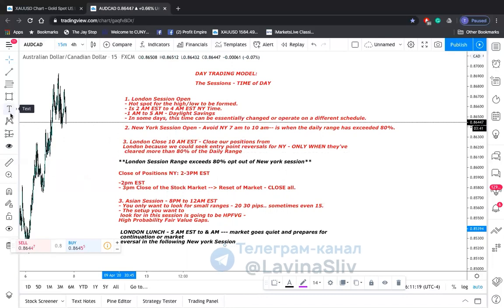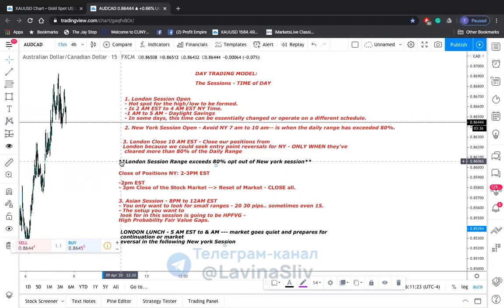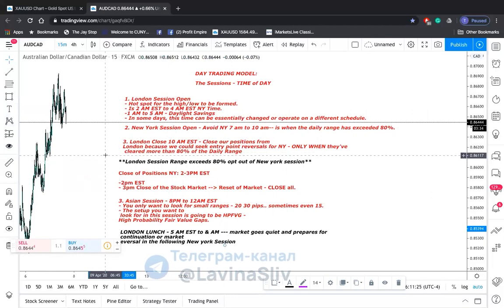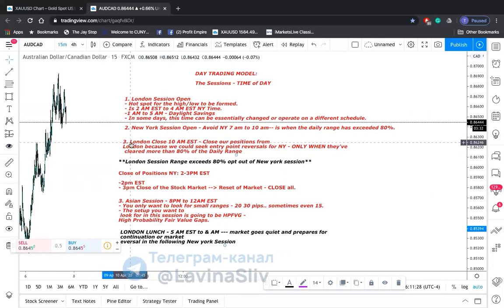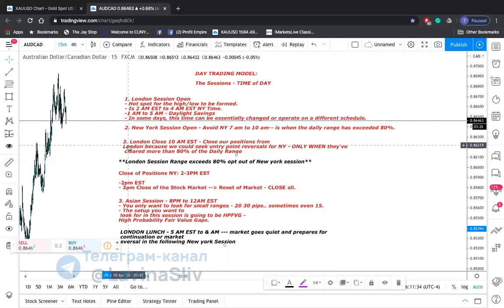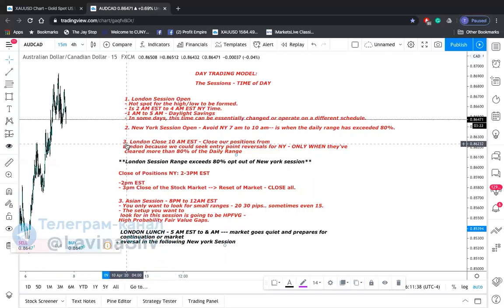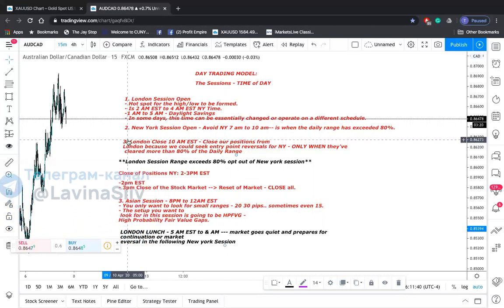On Monday, that could create a small range typically that you could scalp for 20, 30 pips. On Tuesday, it's usually a good day to day trade, depending on the range and the economic calendar events. Wednesday is generally ideal for your day trading model. And Thursday, you can see a midweek reversal generally, right?